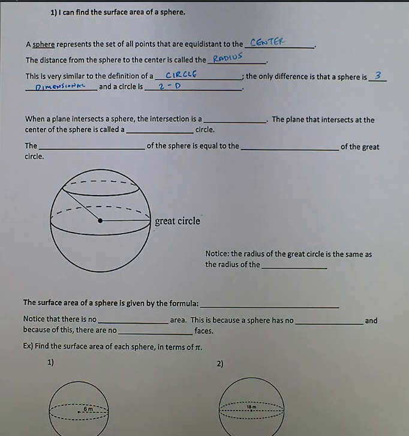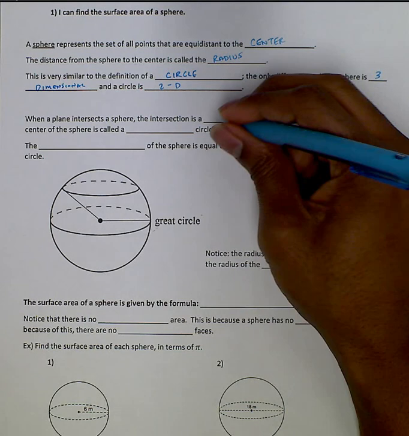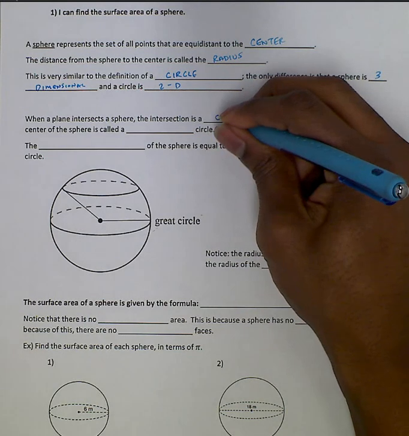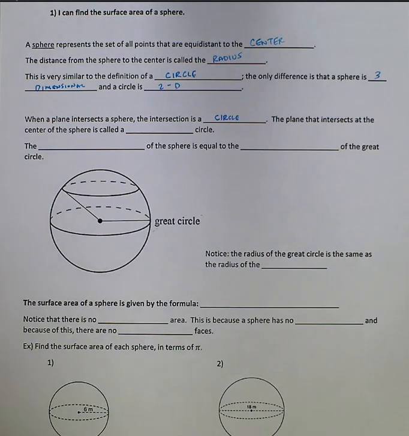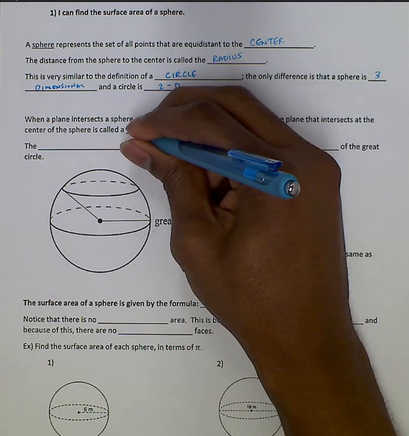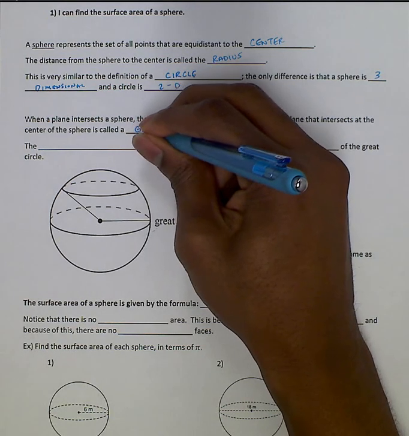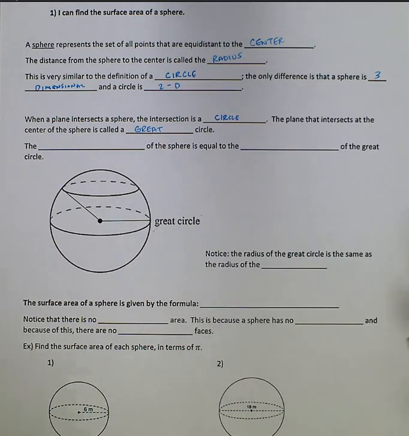When a plane intersects a sphere, the intersection is a circle. So imagine just dropping in a piece of paper in here. Anytime, that intersection would be a circle. The plane that intersects the center of the sphere is called a great circle, basically the larger circle.